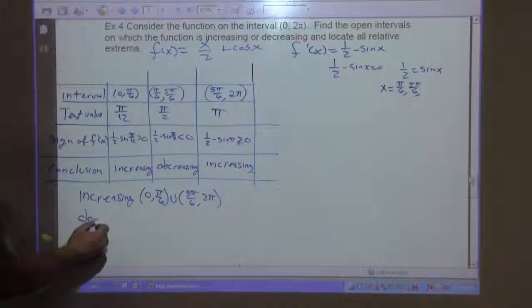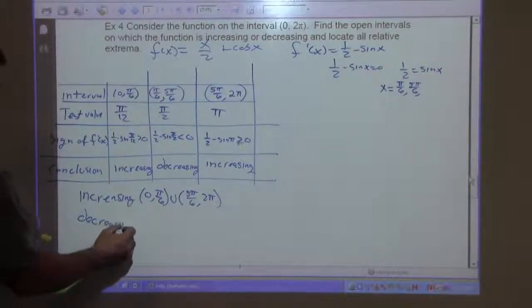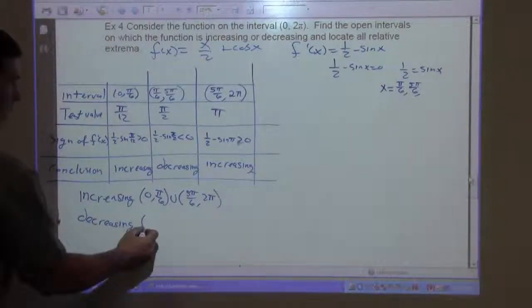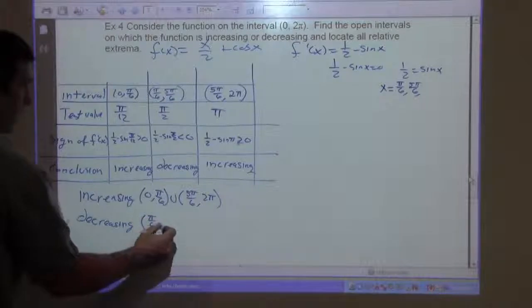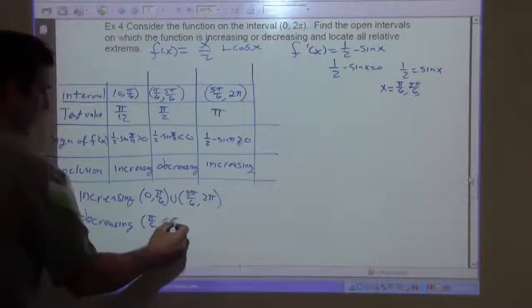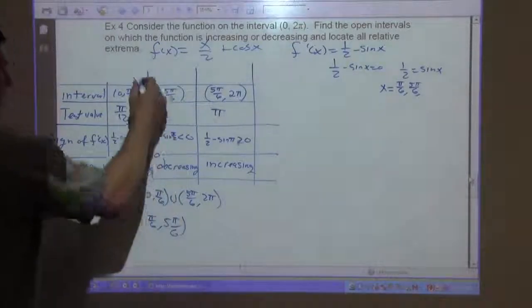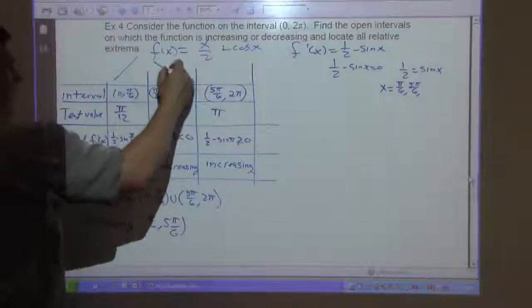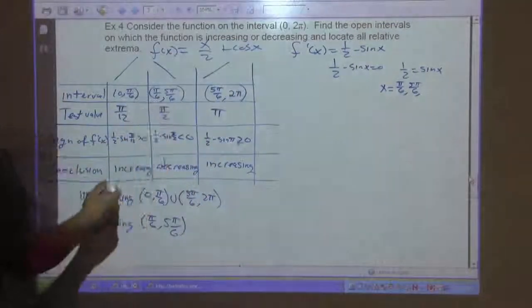And it's decreasing from pi over 6 to 5 pi over 6. So we're seeing it's going to be increasing, then decreasing, then increasing.